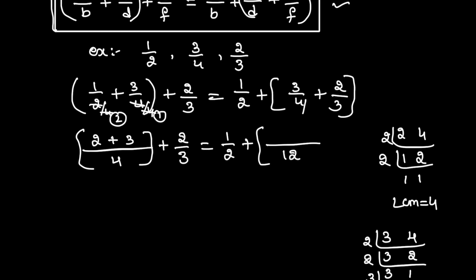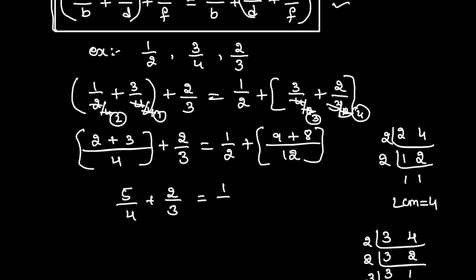Write 12 here and divide: 4 threes are 12, 3 fours are 12, 3 threes are 9, 4 twos are 8. 9 plus 8, you will get 17/12. So 1/2 plus 17/12.